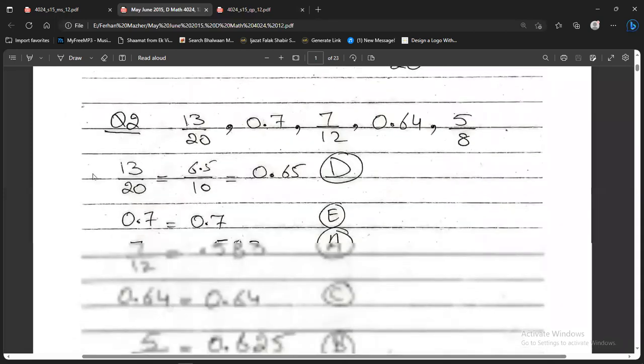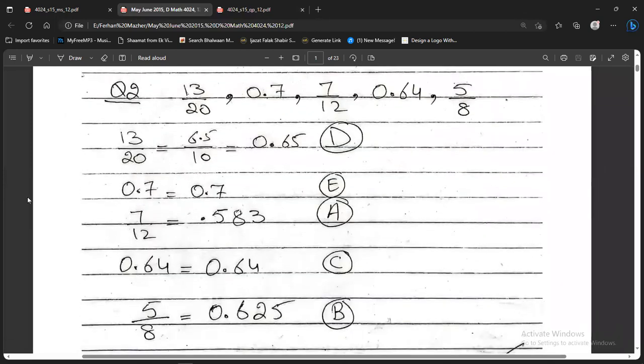So we have to arrange them. 13 by 20, divide both numerator and denominator by 2, you get 6.5 by 10, that is 0.65. 0.7 is 0.7. 7 by 12, if you actually divide it, you will get 0.583. 0.64 is 0.64. 5 divided by 8 is 0.625.